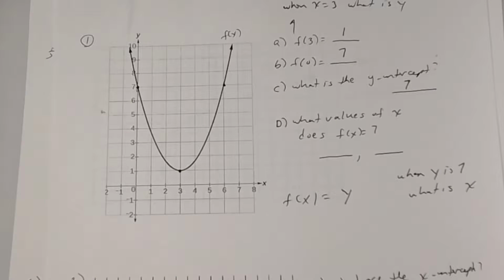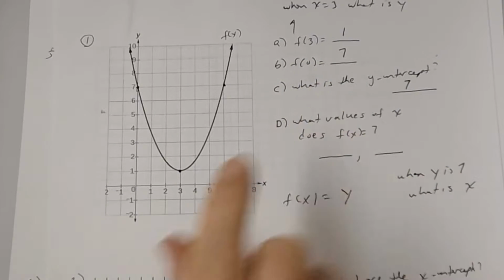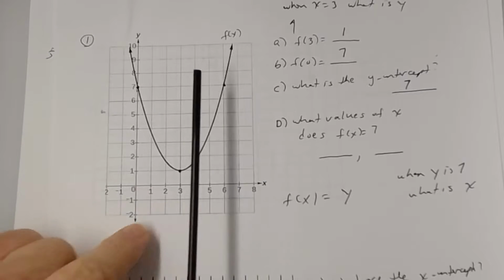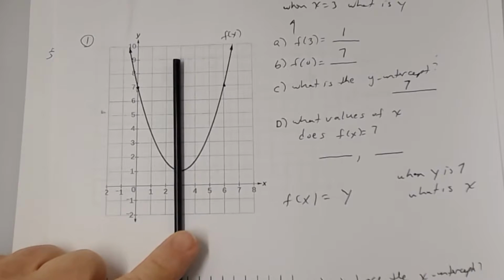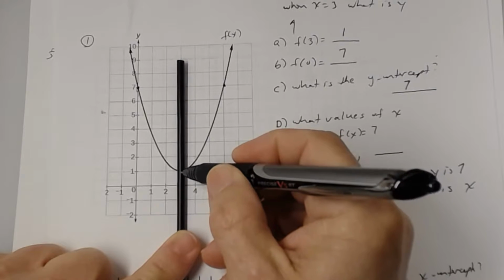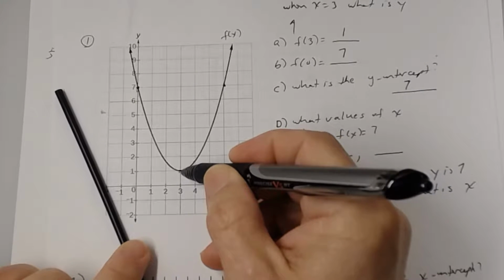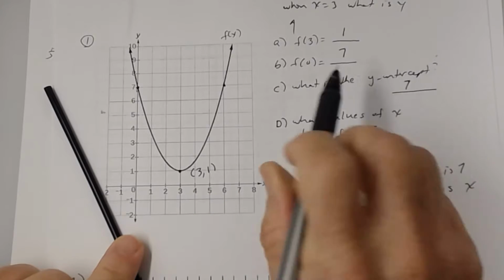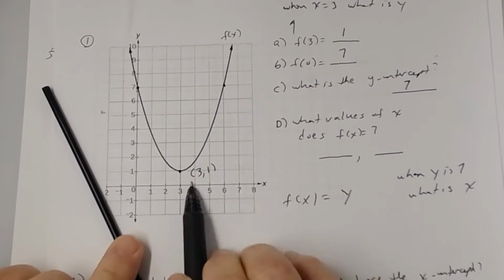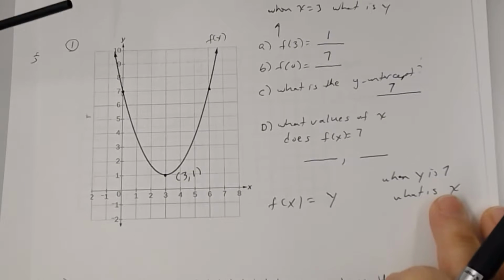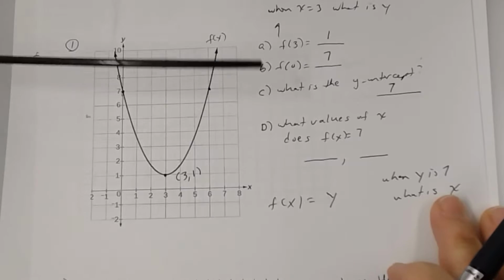So remember when we first did f of 3 in the previous part, I used a straw. When x is 3, that vertical straw intersects the graph here. So I look at that point, and the coordinates of that point are 3, 1, right? So that's where we get that 1 from. So when x is 3, my y value is 1. Here, I'm asking this time, you're told y is 7.